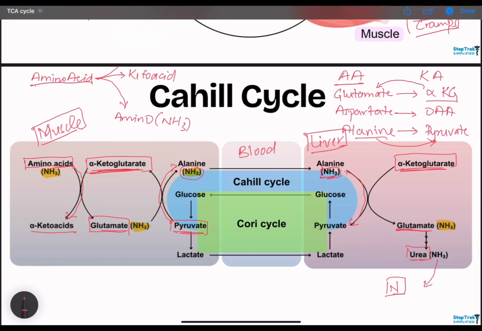This pyruvate is again converted into glucose via gluconeogenesis, and glucose is released into the bloodstream, and again glucose is taken up by muscles and converted into pyruvate through glycolysis, and the cycle repeats. So that was all about the Cahill cycle.